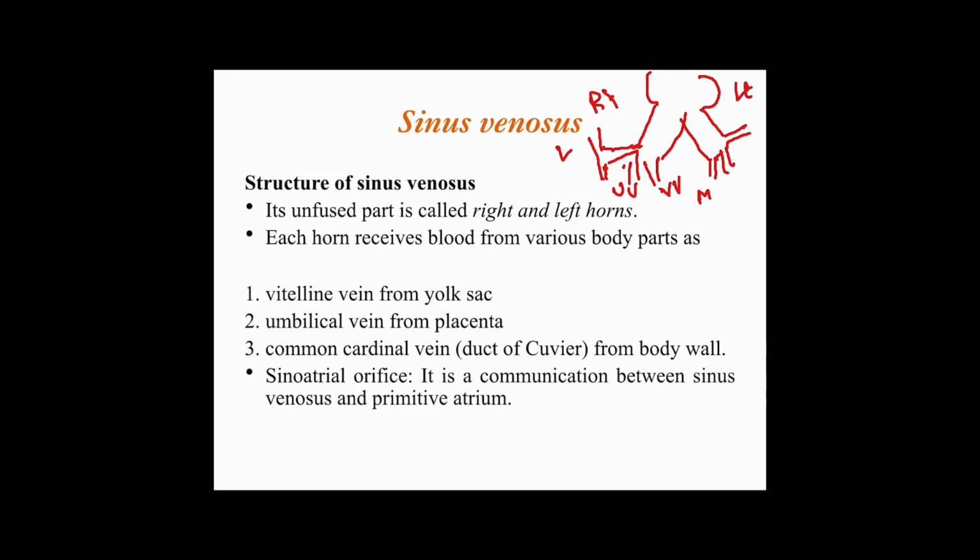Then this is the atrium, and these are the sinus venosus. These sinus venosus communicate with the atrium by the sinoatrial orifice. As the development proceeds, understand this thing, I'll simply draw here again.